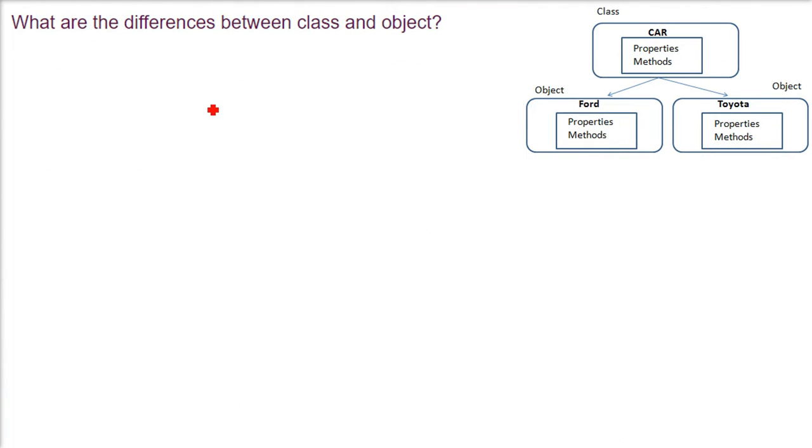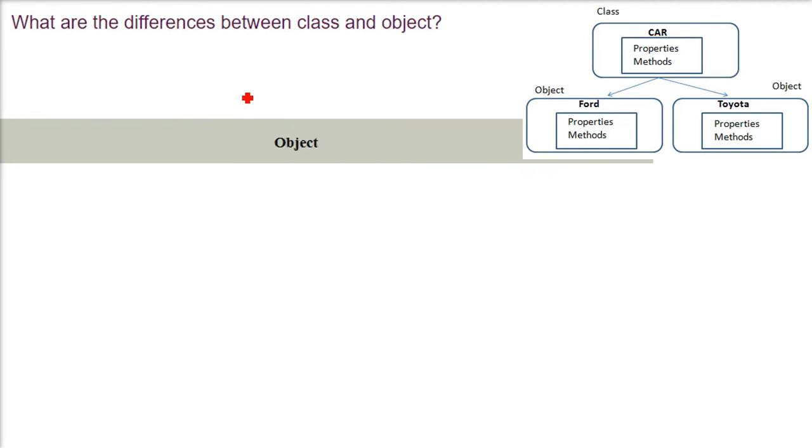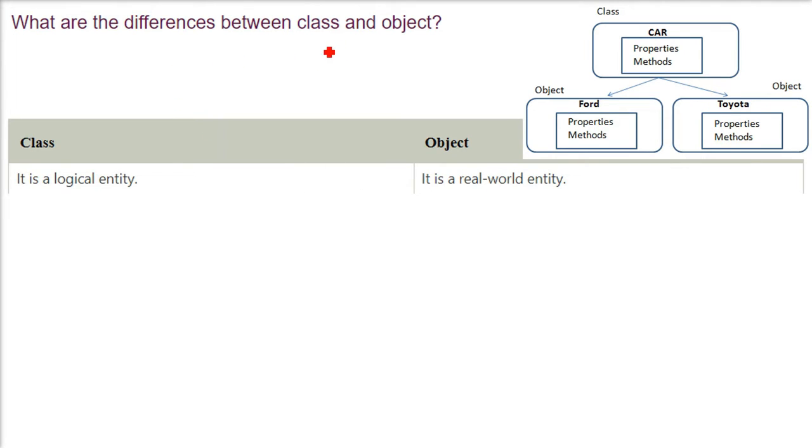What are the differences between class and object? A class is a template, a blueprint to make an object. When you make a class, it doesn't take any memory at runtime. For example, I'm making a class car. You put certain variables, some constants, and the functions operating on these variables or data.